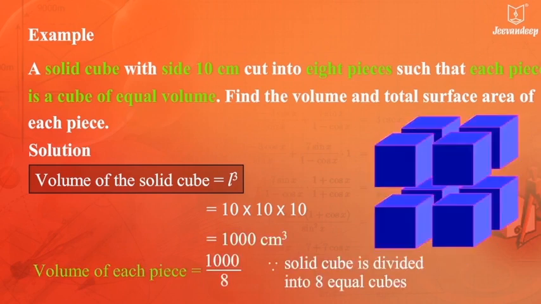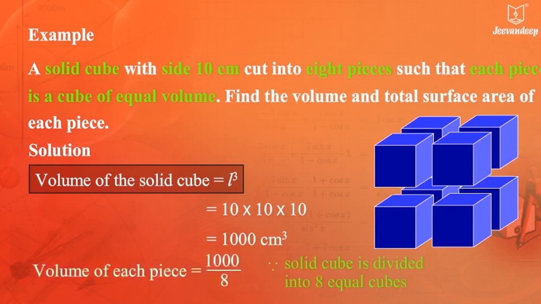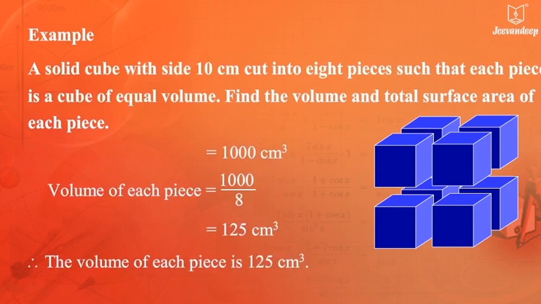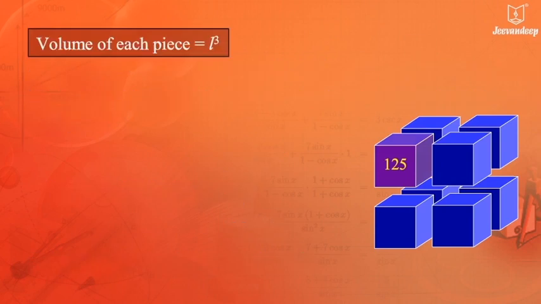Volume of each piece is equal to 1000 by 8, since solid cube is divided into 8 equal cubes, which is equal to 125 centimeters cube. Therefore, the volume of each piece is 125 centimeters cube.